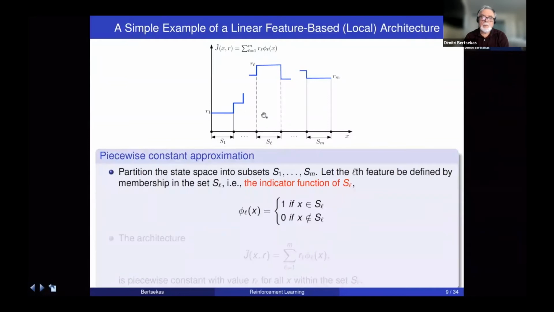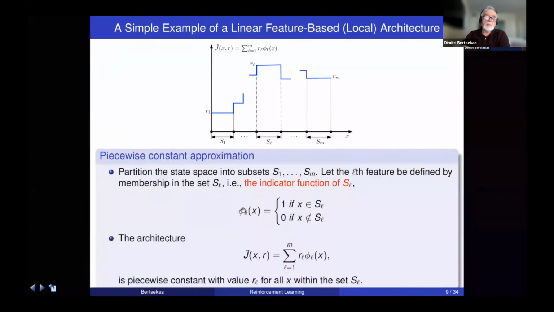Okay, and when you pick a particular x, then the feature extraction mapping picks out in which set of the partition it belongs, and gives you the feature to be 1 or 0. And then these features are multiplied with the weights.